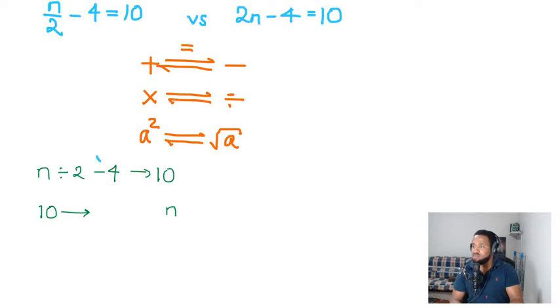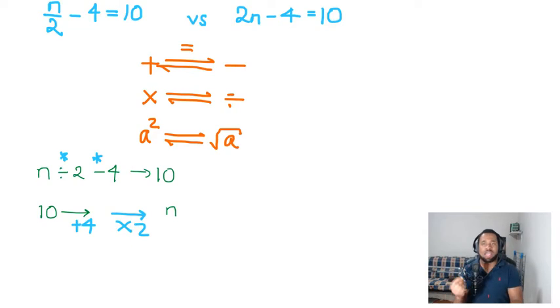So for subtraction, we're going to do addition. We're going to add 4 to our number, which is 10. And then our next step is division, but this time we're going to do multiplication, multiplied by 2, and that will give us what n is as our answer.